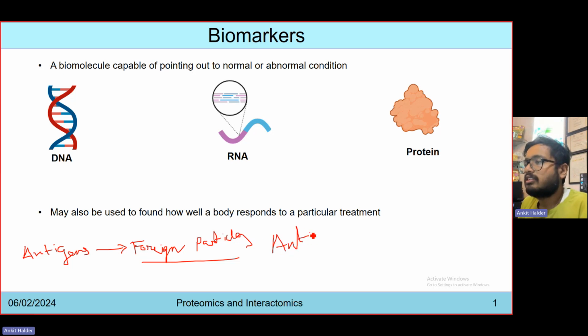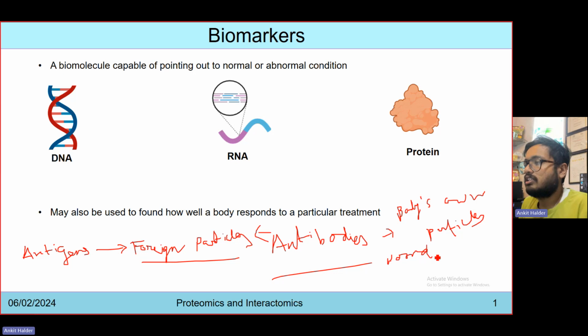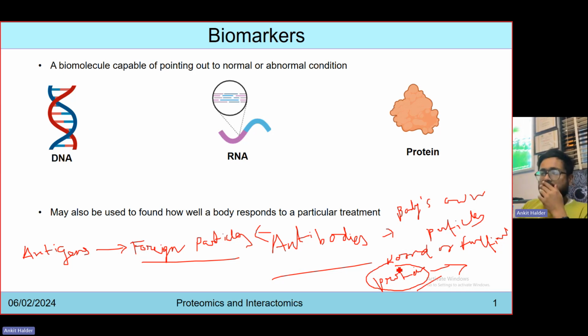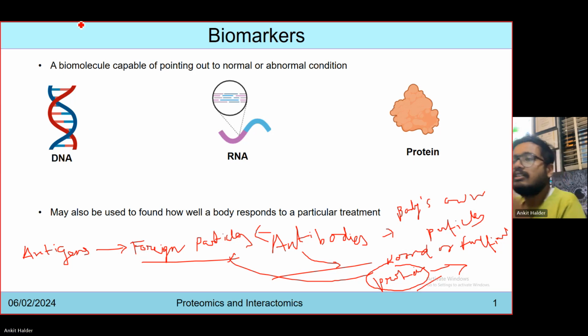Now, if these similar antibodies start developing not against foreign particles but against the body's own particles, the normal or functional proteins required for the body's maintenance or homeostasis, so that the body by mistake starts considering these good, normal proteins as foreign antigens and raises antibodies against them, that gives us the term autoantibodies.